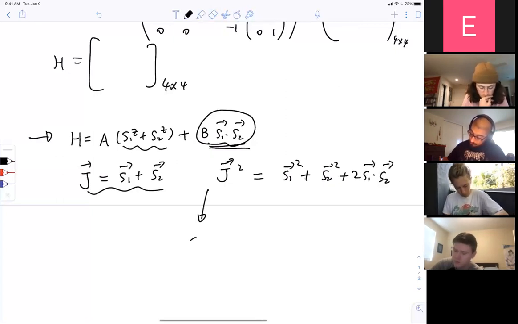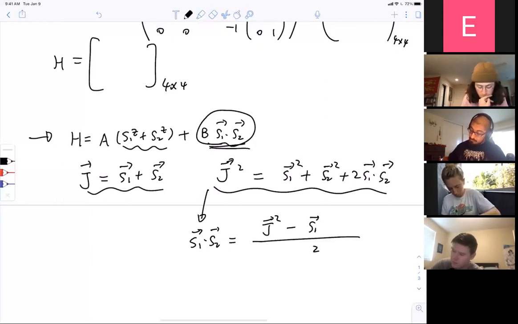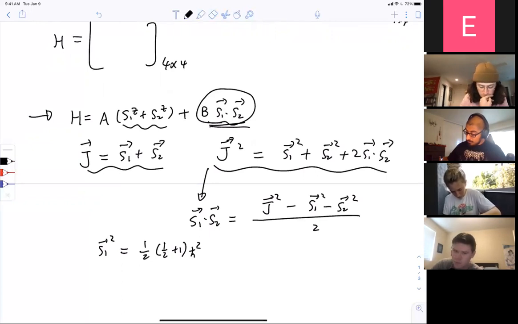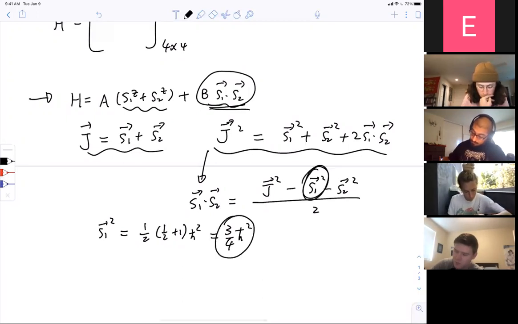So from this, we can solve for S1 dot S2, which is half of J squared minus S1 squared minus S2 squared. And S1 squared is nothing but 1/2 times (1/2 plus 1) h bar squared, right? Which is 3/4 h bar squared.